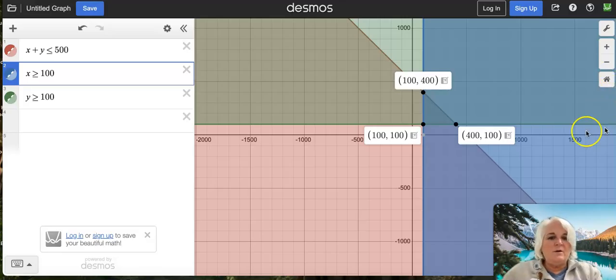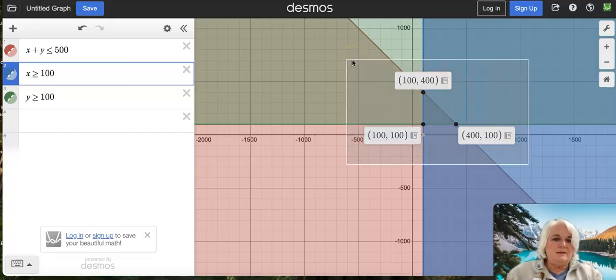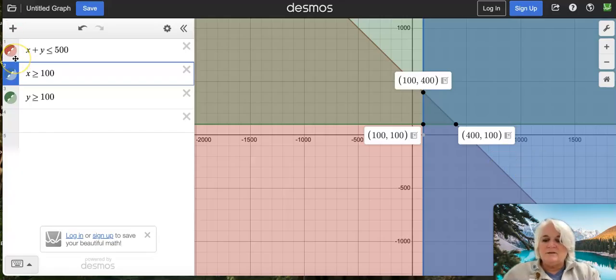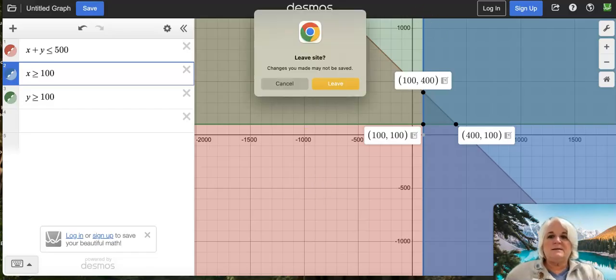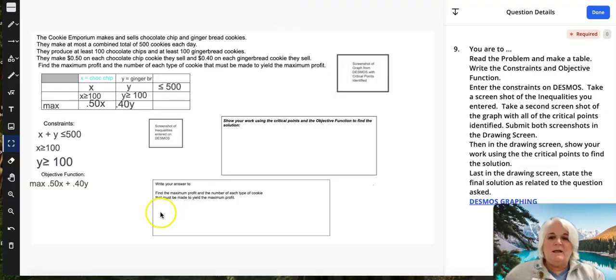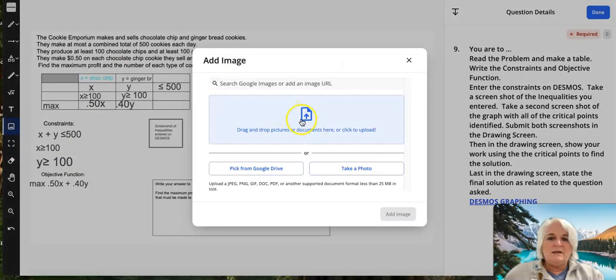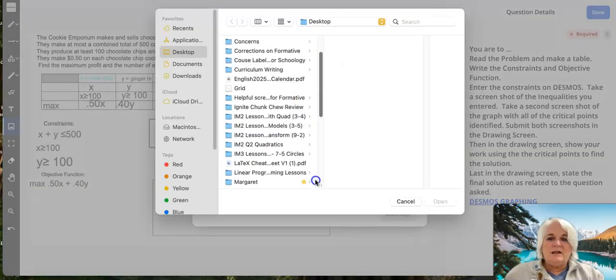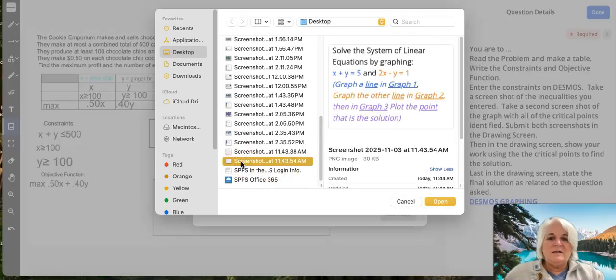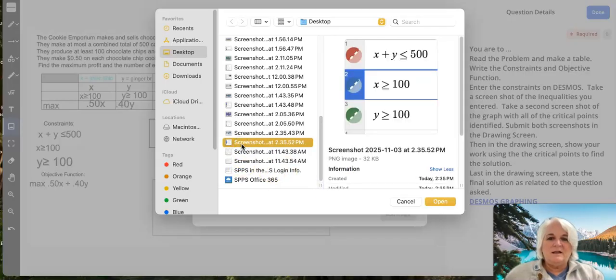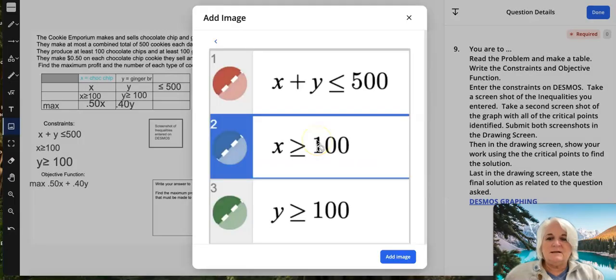So Command Shift 4, take a screenshot of this, my critical points. Take a screenshot of my equations so I know how I got the critical points, and then go out of Desmos, and I want to call up my equations, so image and picture, and then here's my equations.